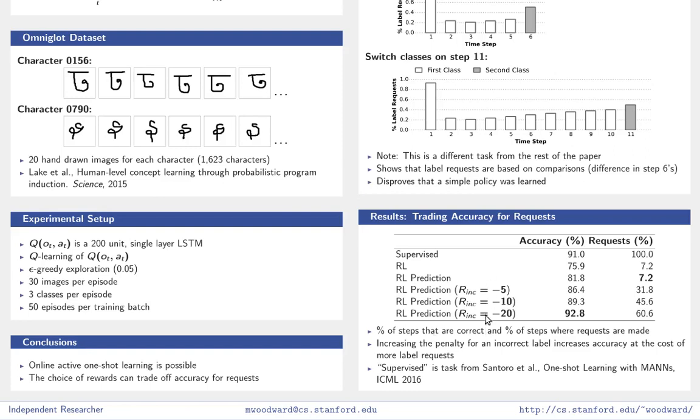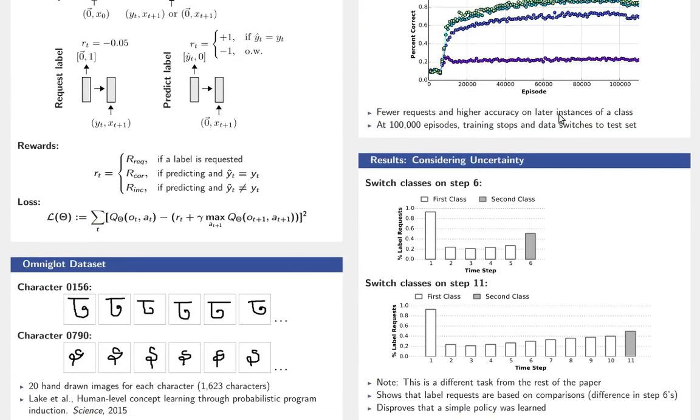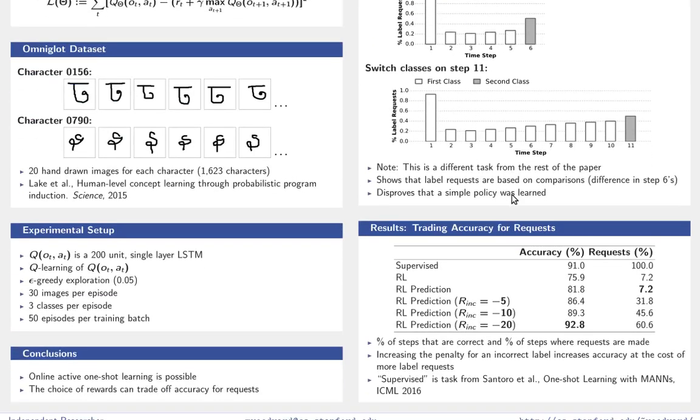Okay, and in this little table here, we varied the cost of being wrong and just watched what happened to the accuracy and the requests. We can look at this third row here. You can see the details in the paper, but this third one is where the reward for being incorrect is -1. That's what we had up here and in all those experiments.